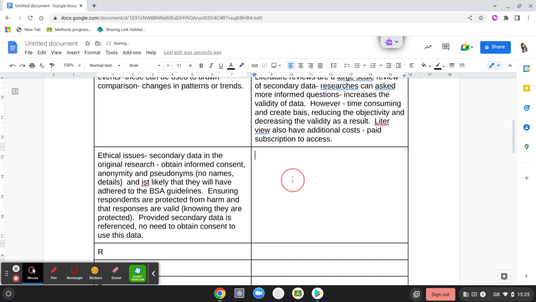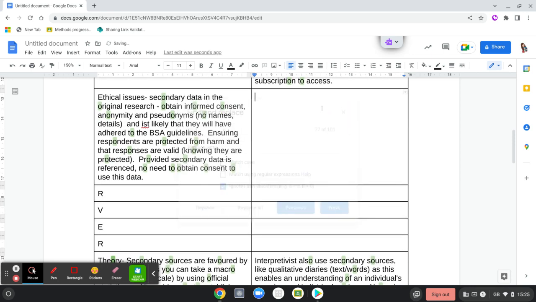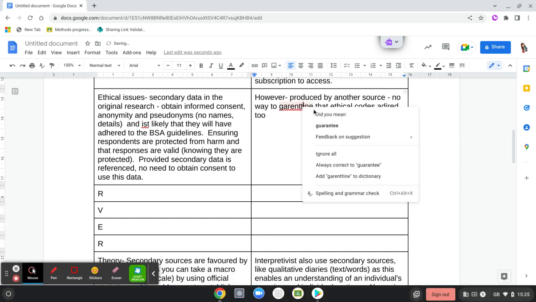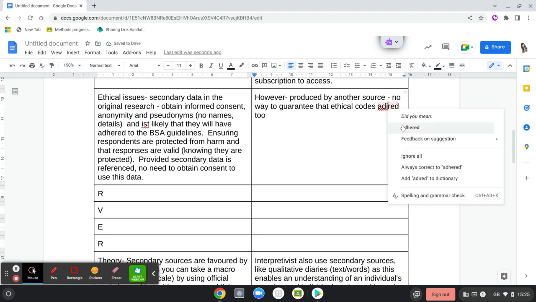So again, easily done. However, as it is produced by another source, there is no way to guarantee that ethical codes were adhered to.